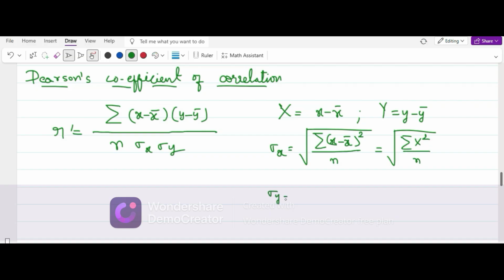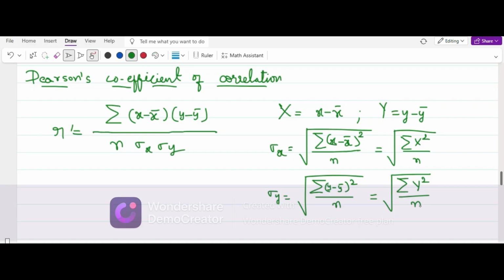And what is sigma y? It is the square root of the summation of y minus y bar whole square divided by n, that is, the square root of summation capital Y square divided by n.